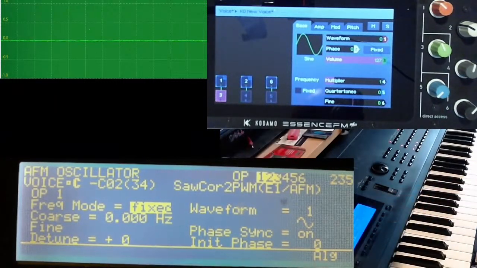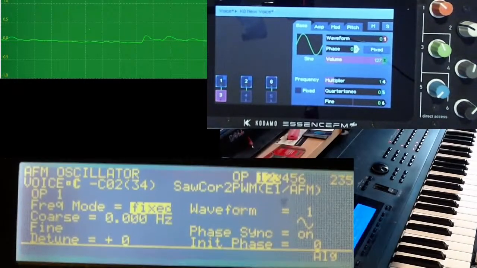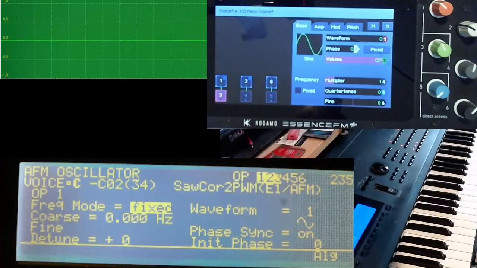So you can think of this as sort of a wave shaper, and I'm going to be using this to do the phase tricks that let you do sort of an analog oscillator modeling here.